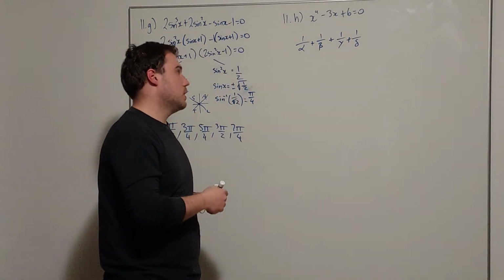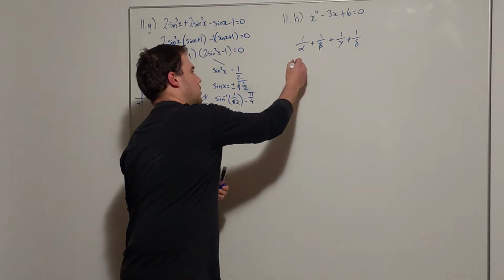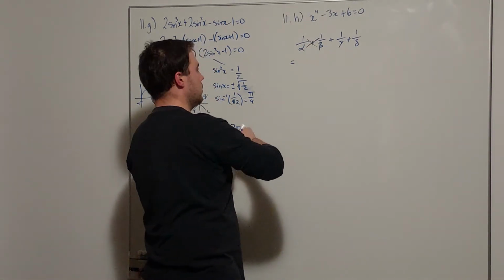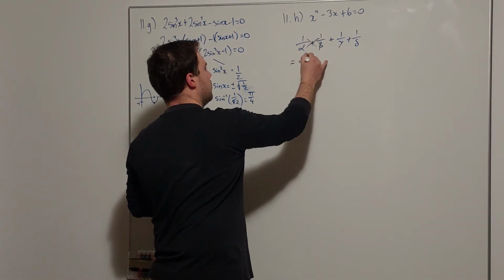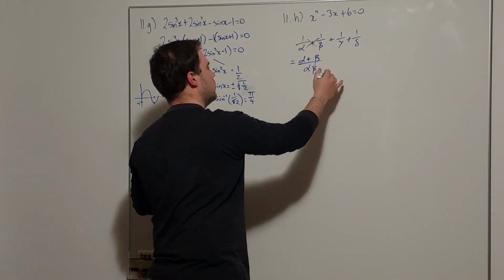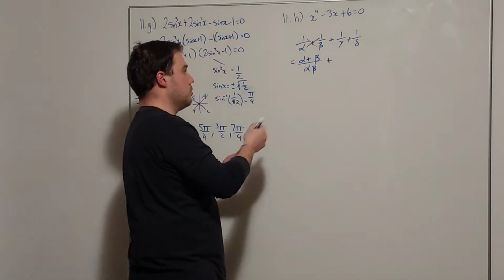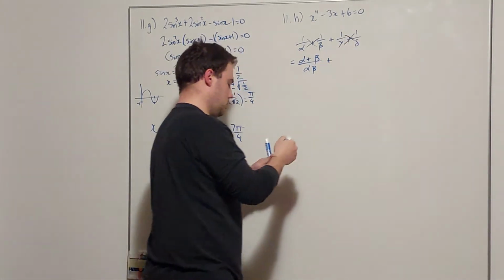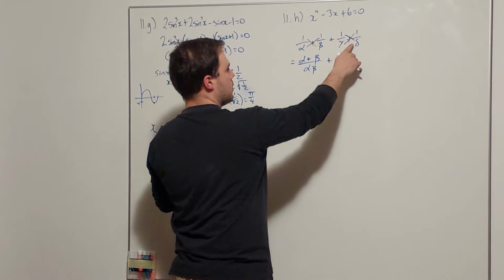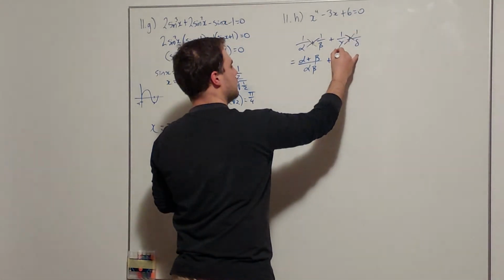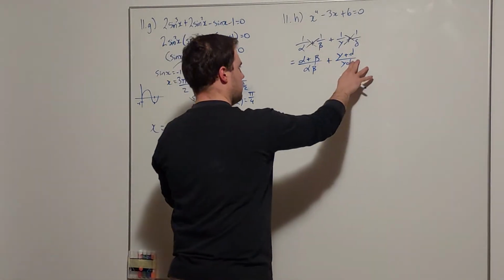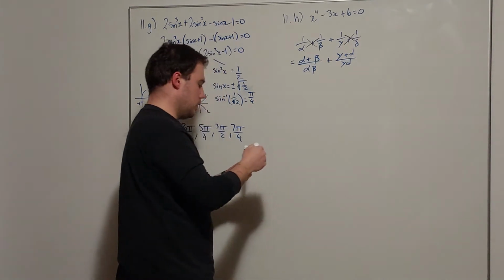Alright, so if we find a common factor for these ones, we'll get alpha times 1 is alpha plus beta times 1 is beta, over alpha times beta. And then if we do this at the same time, which order do I want? Gamma plus delta on gamma delta.